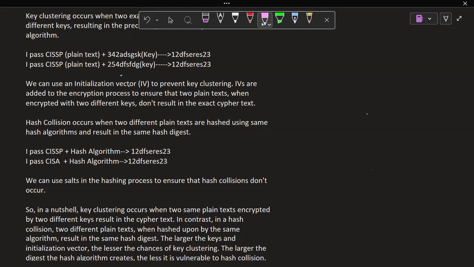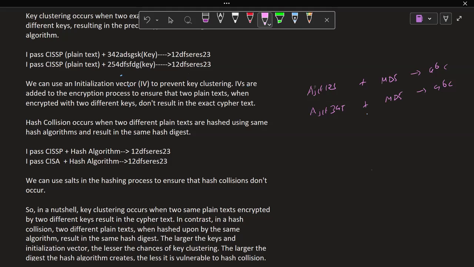In hash collision, when two different plain texts like Ajit123 and Ajit345 are hashed by the same hash algorithm, MD5, they result in the same hash digest. So when two different plain texts are hashed by the same algorithm and result in the same hash digest, this condition is called hash collision.